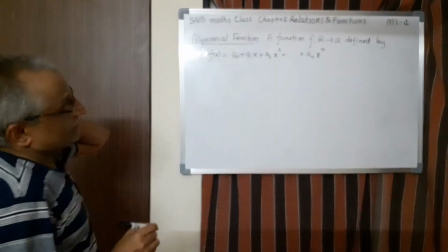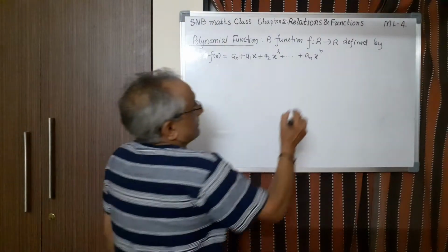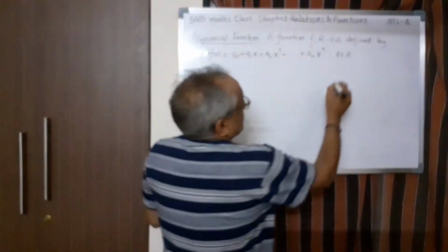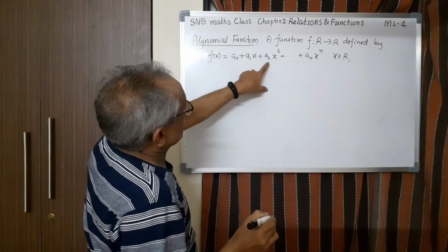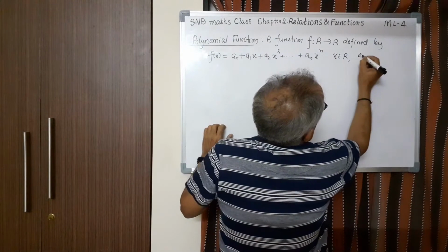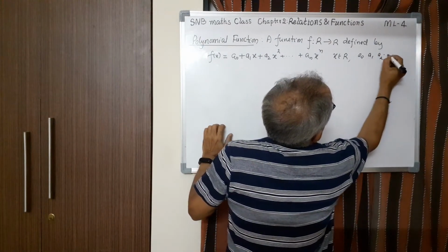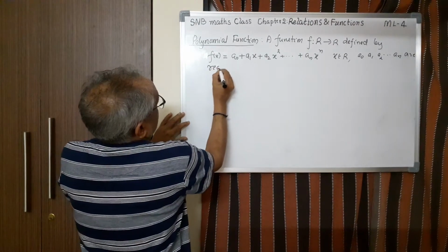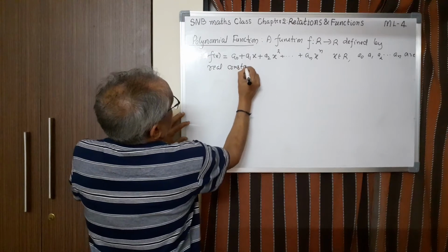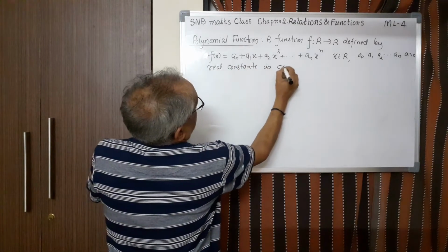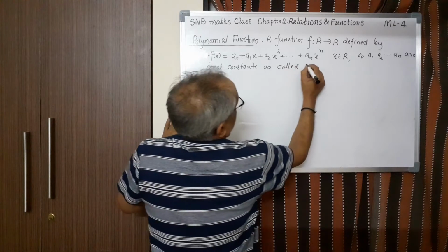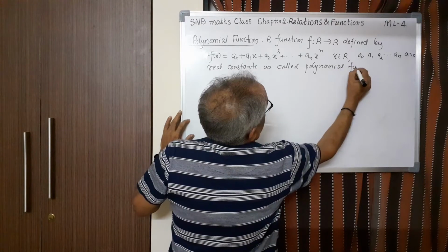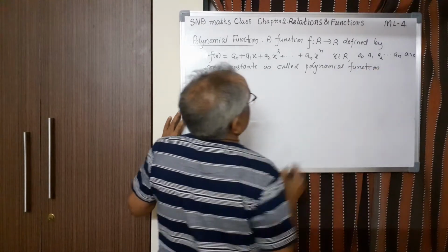So this is the polynomial function general representation where x belongs to R, a real variable. And what about a naught, a1, a2, etc., an? They are real constants. This is called a polynomial function. So this is the definition.